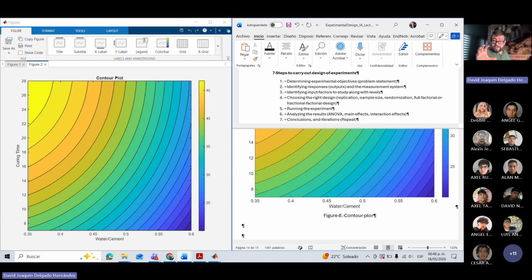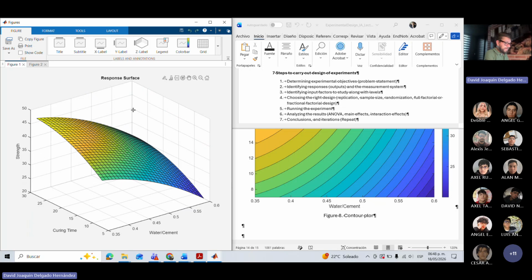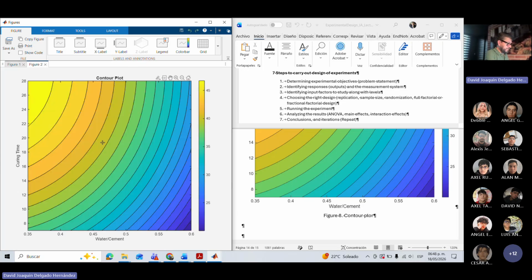So it is like if I was watching the same surface, but from the very top, okay? So imagine that I have a camera at the top and I take a photograph of this surface. What I will see is this.